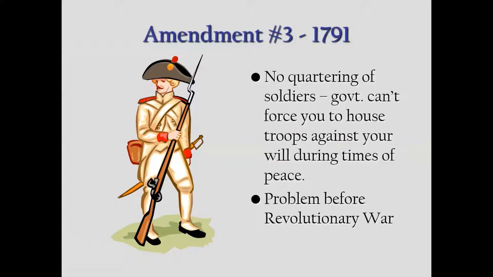If you think of Revolutionary War times, this was something that the British actually did to the colonists, which is one of the reasons why they went to war. The British were forcing the colonists to house British troops in their homes. I will point out that this says during times of peace. So theoretically, if we were at war, the government could force the quartering, which just basically means provide a bed and food for troops.